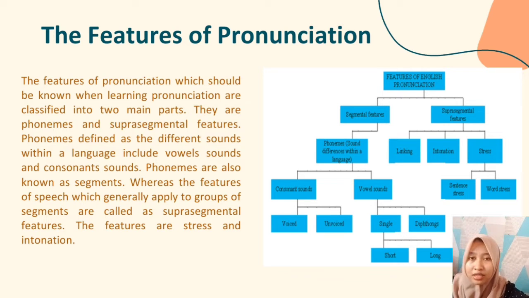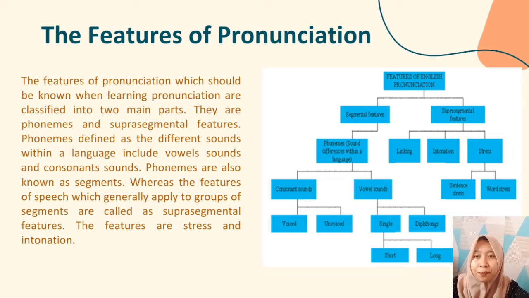The first is consonant sounds and the second one is vowel sounds, where consonant sounds have two types. The first is voiced and the second one is unvoiced. Besides that, in vowel sounds there are four parts. The first is single, the second one is diphthong, the third is short, and the last one is long.